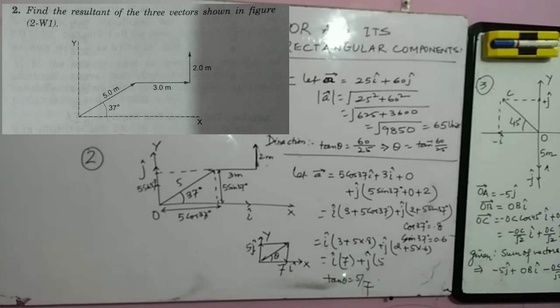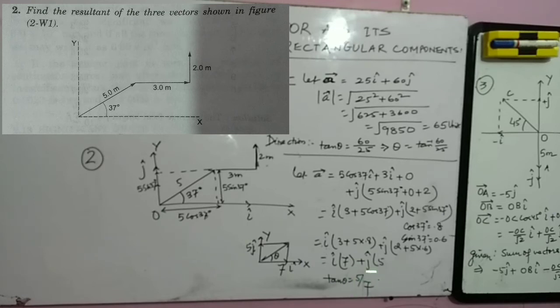So this is 7i and plus 5j. So 7 on the x-axis, 5j on the y-axis. So what we are getting is tan theta equals y by x, y component upon x component. So y is 5 and x is 7.